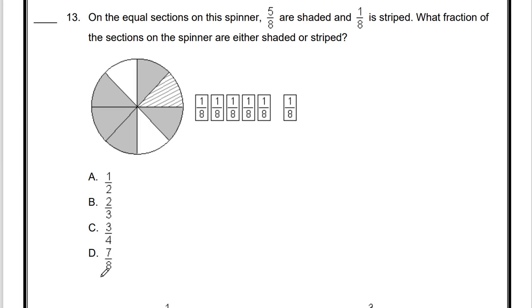Abdulaziz Khalid, go ahead. On the equal sections on this spinner, 5/8 are shaded, as you can see in the picture, and 1/8 is striped.